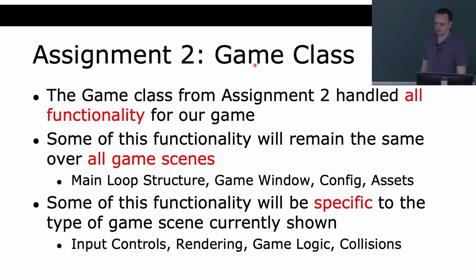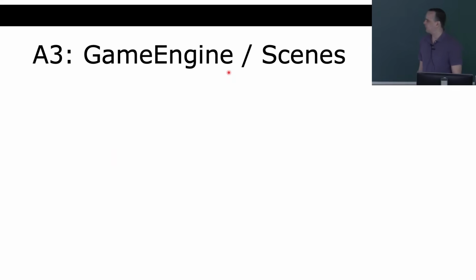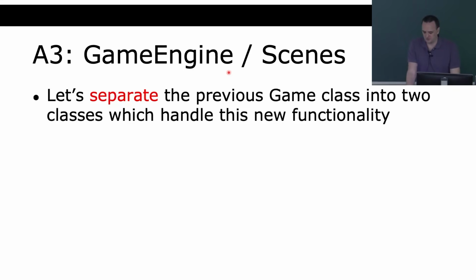Well, in assignment 2, where we had this one game class that did everything, now we're going to separate that into a game engine class that handles the more low-level stuff that is shared amongst all the scenes. And then we're going to have a scene class, and the derived scene classes are going to handle the rest. So let's separate the previous game class into two types of classes.